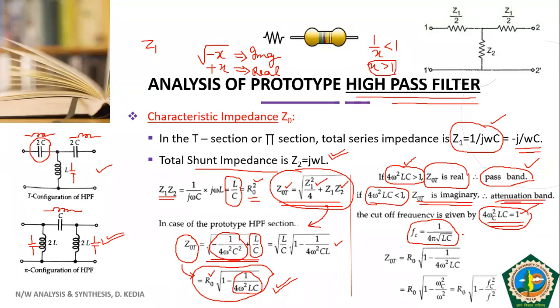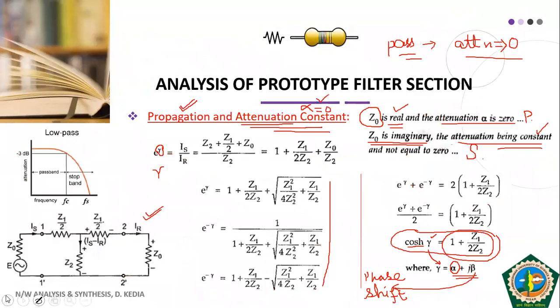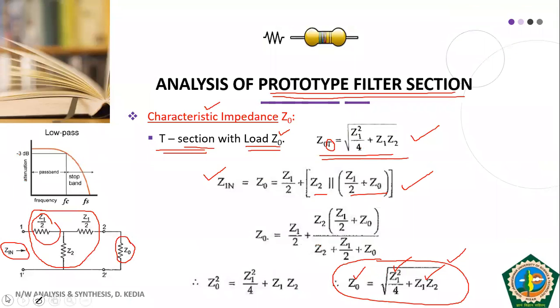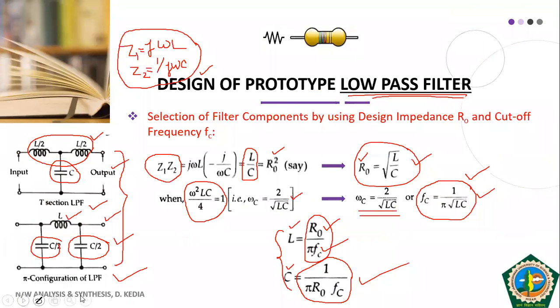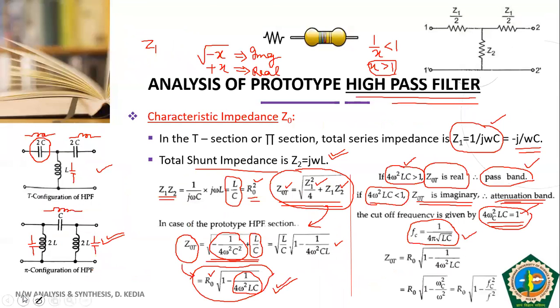And you see this cutoff frequency and this characteristic impedance is different from what we have seen in the low pass filter. Let me show you. See here that here your cutoff frequency was 1 by pi under root LC, whereas in case of high pass prototype filter, your cutoff frequency is 1 by 4 pi under root LC.